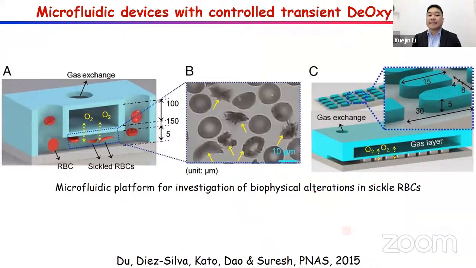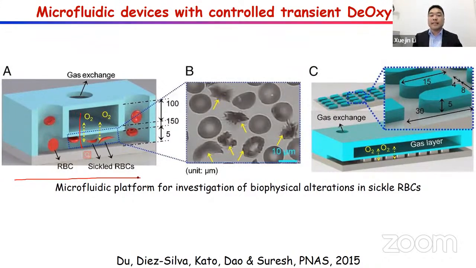And to analyze the biophysical alteration in sickle cells and transient hypoxia, our collaborator at MIT developed this tiny device shown here. This device can control the oxygen level. Here shows the oxygen level.